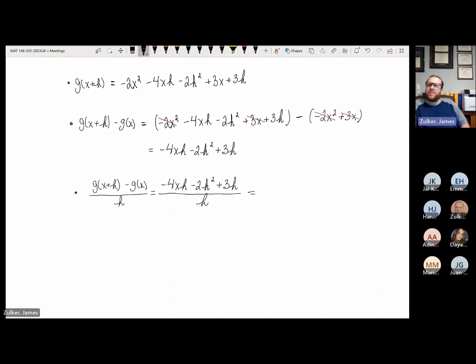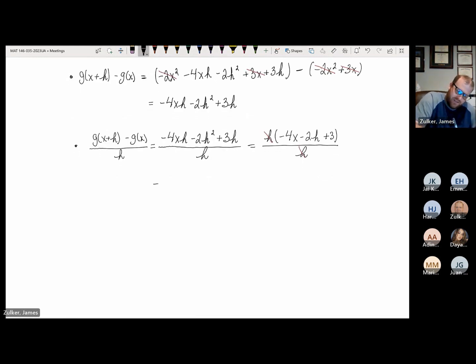Every term has h common to it, right? Factor it out. H divided by h is 1. But we're left with negative 4x minus 2h plus 3. That is our difference quotient.